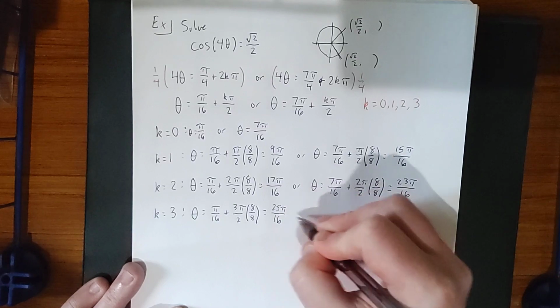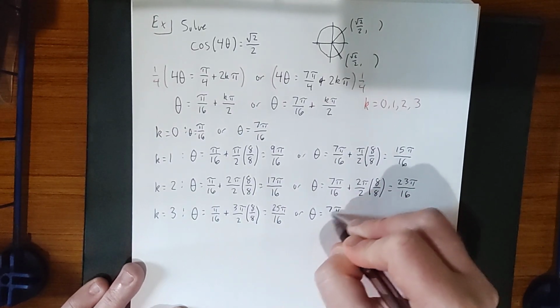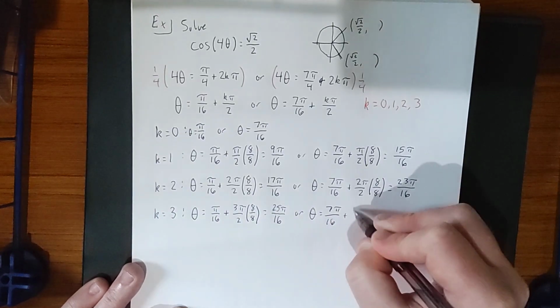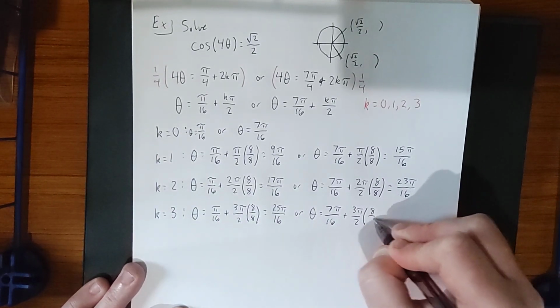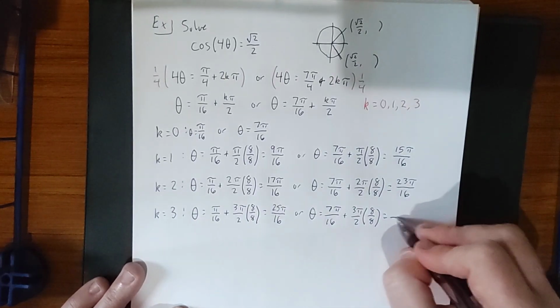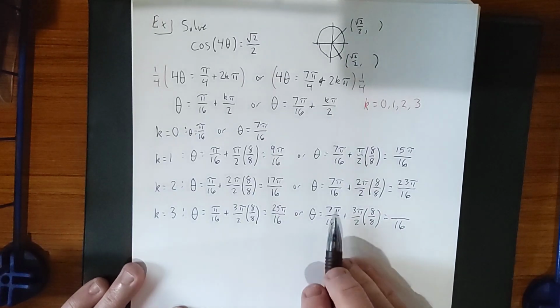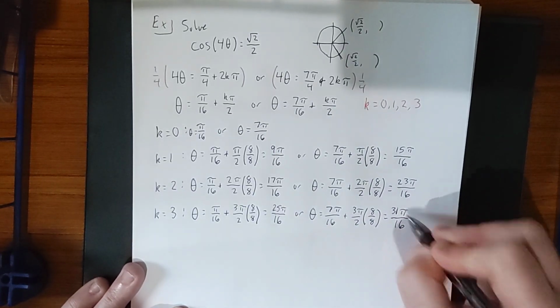That'll be 25 pi for the numerator, 16 for the denominator. The other one, 7 pi over 16 plus 3 pi over 2. Once again, common denominator of 8 over 8. Common denominator is now 16. We have 7 pi plus 24 pi for a total of 31 pi over 16.